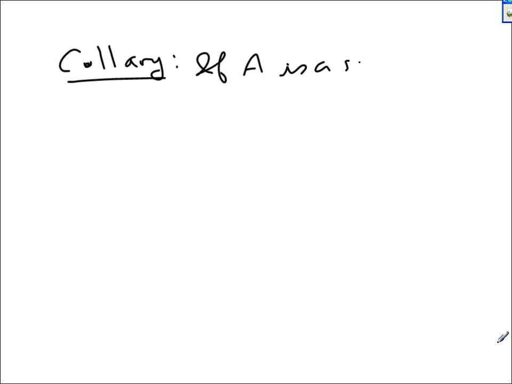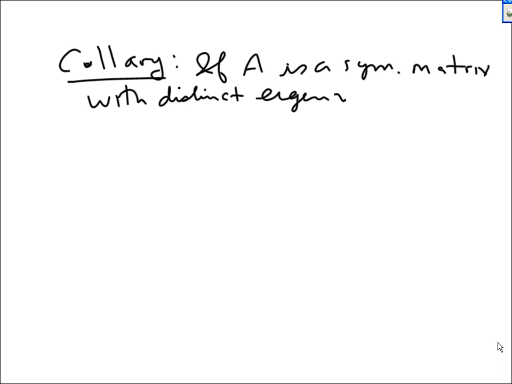Okay. Now there's a consequence to that theorem. Remember, a consequence of a theorem is called a corollary. If A is a symmetric matrix with distinct eigenvalues, that is, they're linearly independent, and there's n of them.